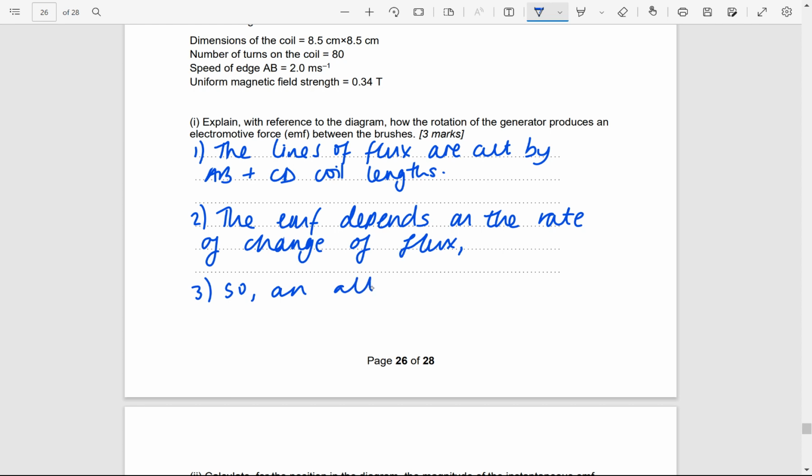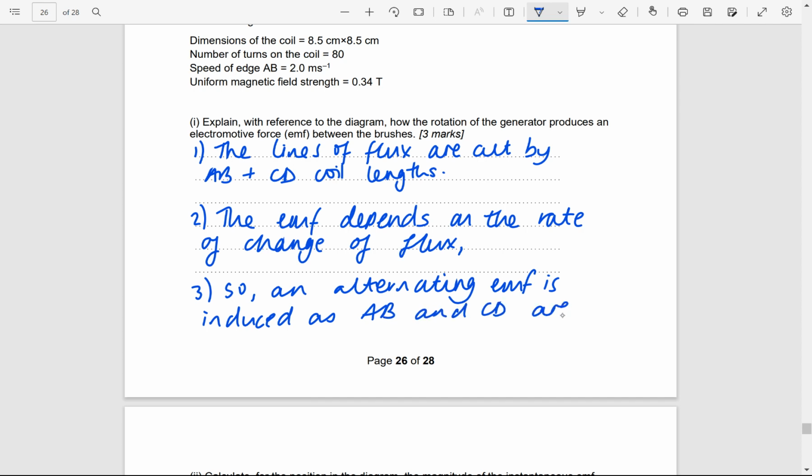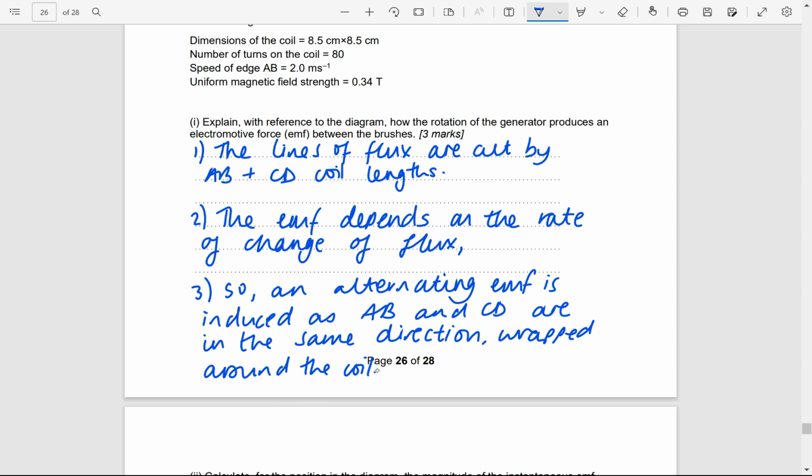So, an alternating EMF, read the question, we want an alternating EMF, is induced as AB and CD are in the same direction wrapped around the coil. Okay.